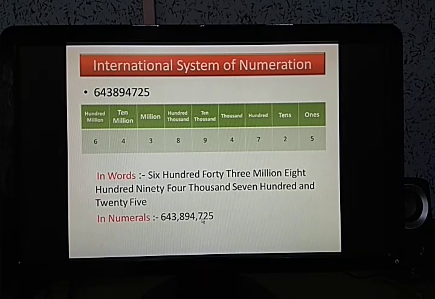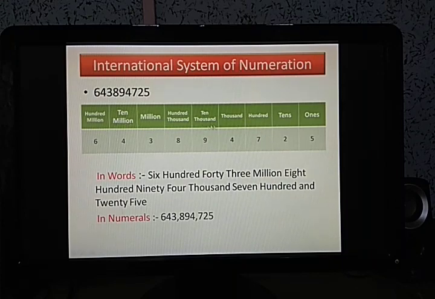Till 725 it is the same as the Indian number system. But after that, in the Indian number system the comma was after 2 places, but here it is after every 3 places. So this thing is common: after 3 places, comma, then again after 3 places, comma, and it will go on in a similar fashion. After every 3 places there will be a comma in the international number system.